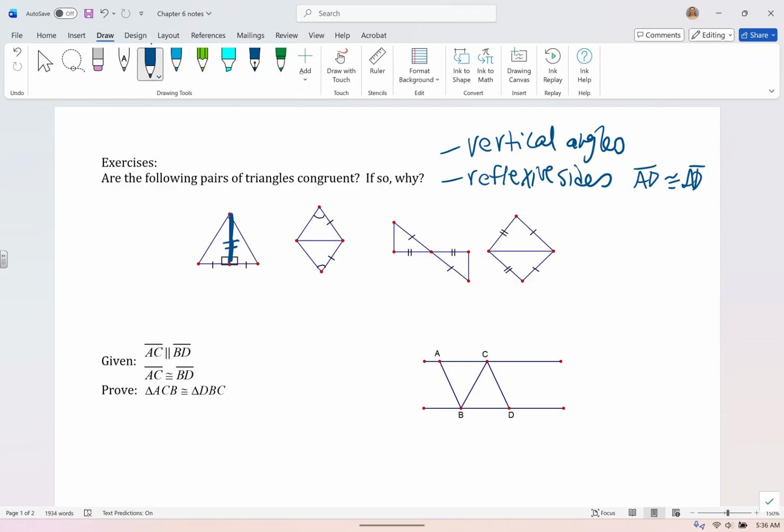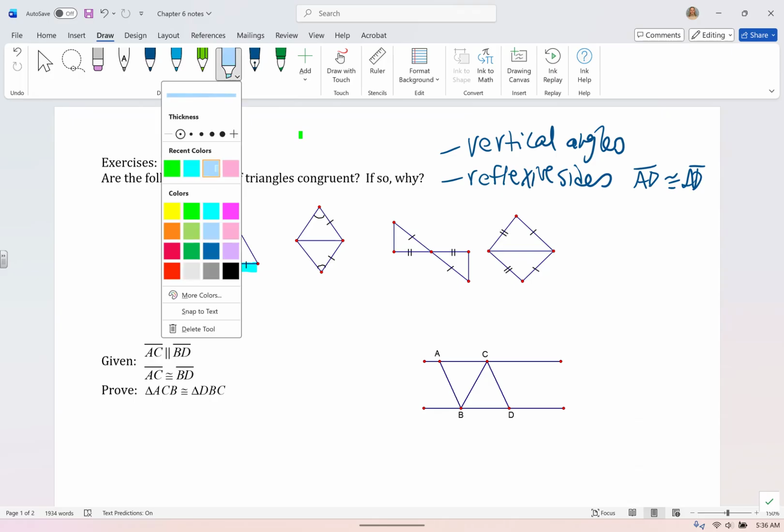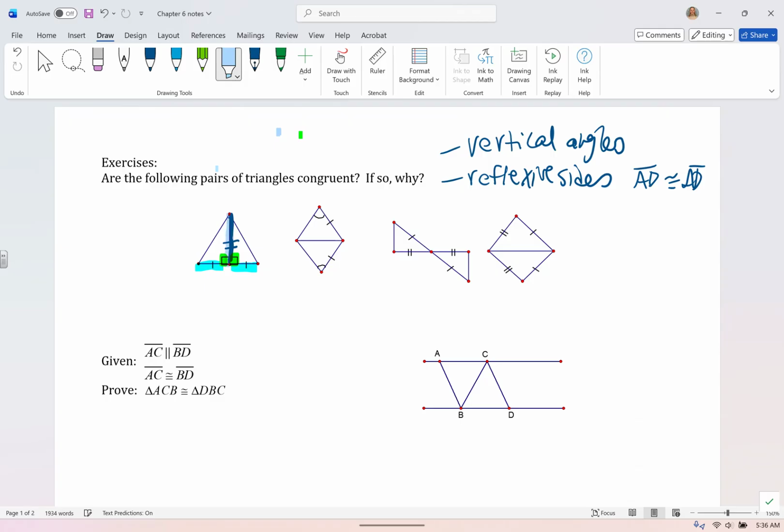Okay, so in this first shape, we know that the bottom, okay, those two sides are congruent to each other. We know, secondly, that this angle here is congruent to this angle because all 90-degree angles are congruent to each other. And then thirdly, we know that this vertical segment here, although it's the same segment, it also is a member of both triangles.